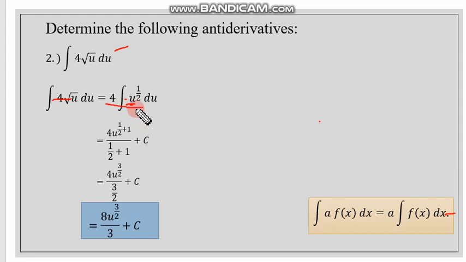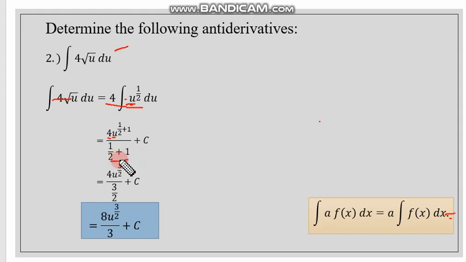So using the second theorem, the exponent plus 1 over the exponent plus 1, and our theorem number 3, which is the constant, so 4 times u raised to 1/2 plus 1, and then this 1/2 plus 1 will become the denominator, so over 1/2 plus 1 plus c.